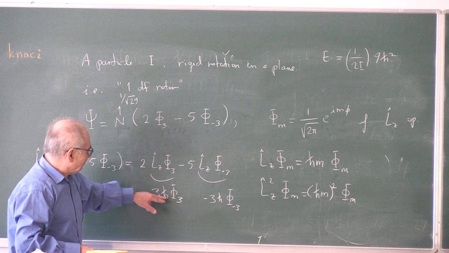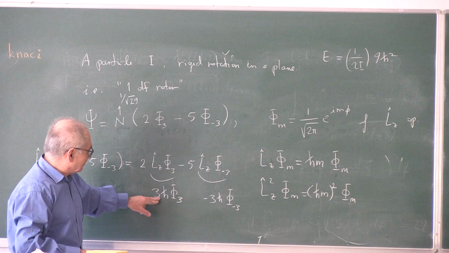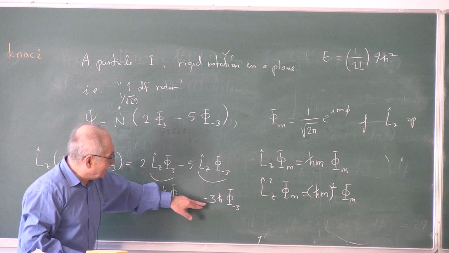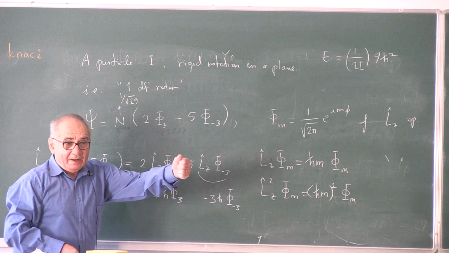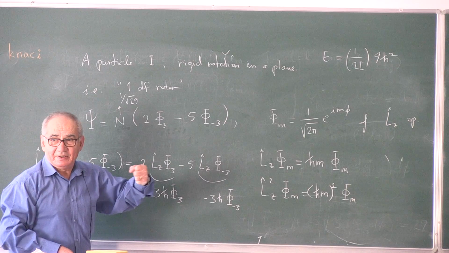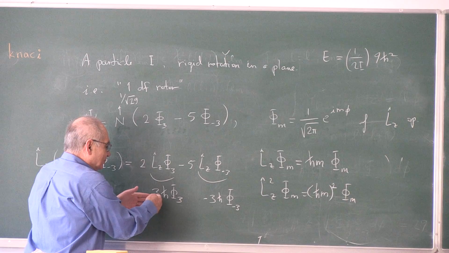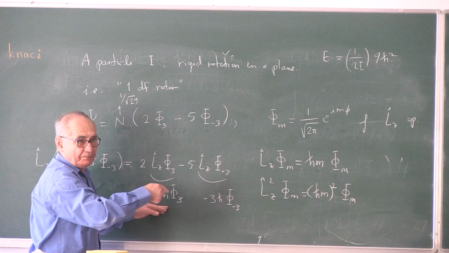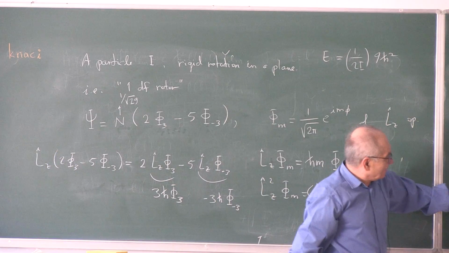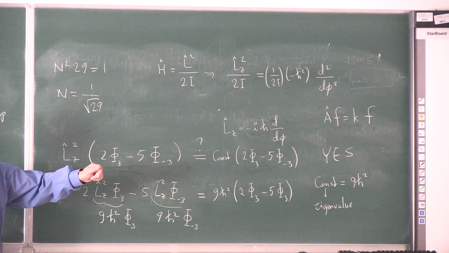Now, there is no common number in both factors. One of them is plus 3 times h bar, the other is minus 3 times h bar. So, I cannot factorize. I mean, I can factorize plus 3 times h bar, but it will change the function itself. No such problem was present here because this was a square, so that the square of a plus number is the same as the square of a minus number.